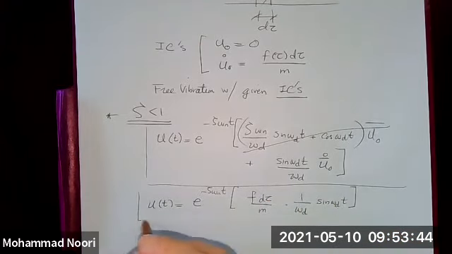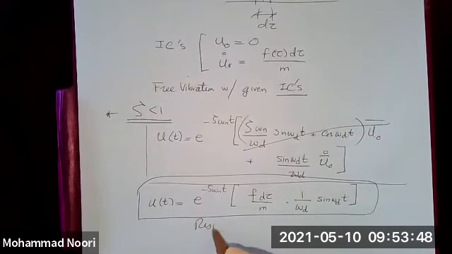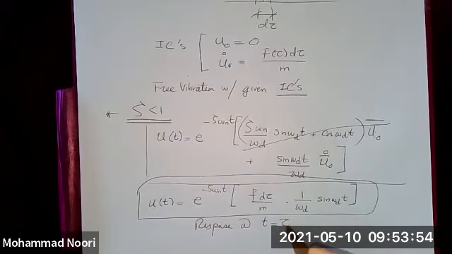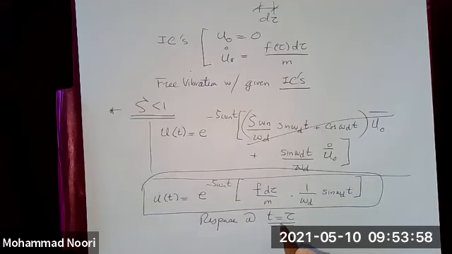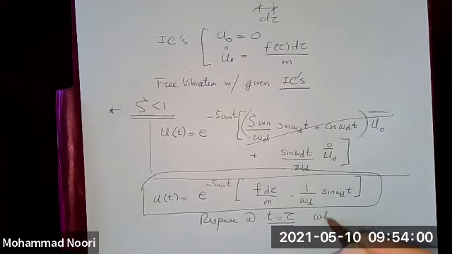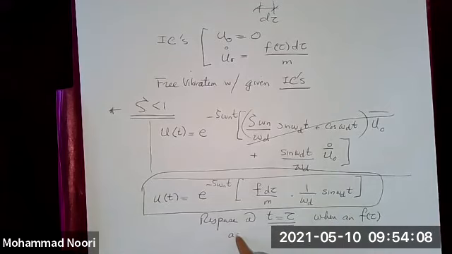So what is this? This is the response at t equal to tau, at a specific time that we considered when a force f of tau acts on the system.